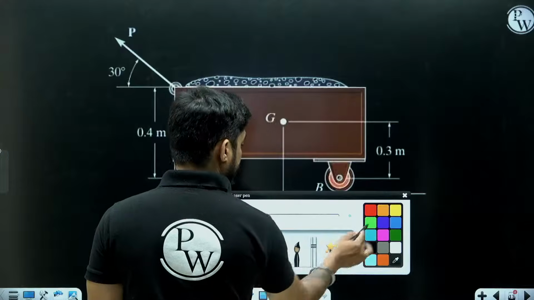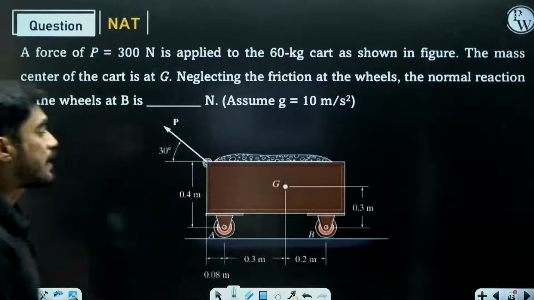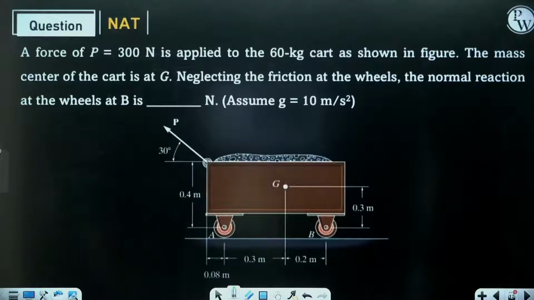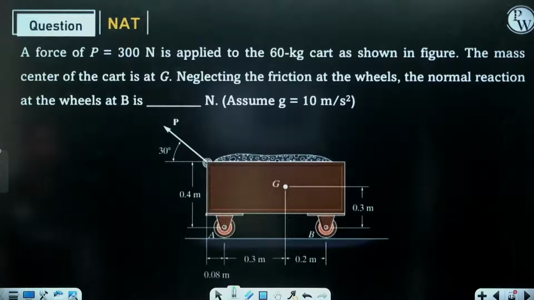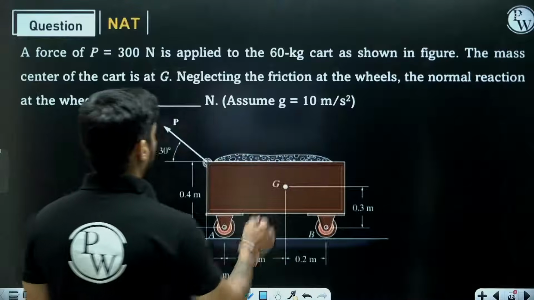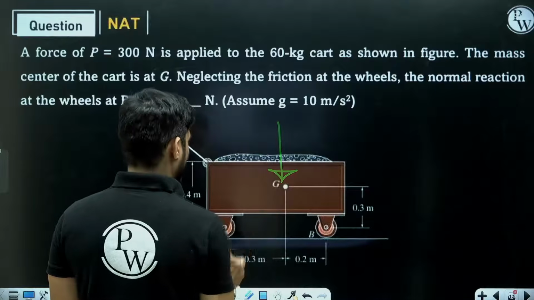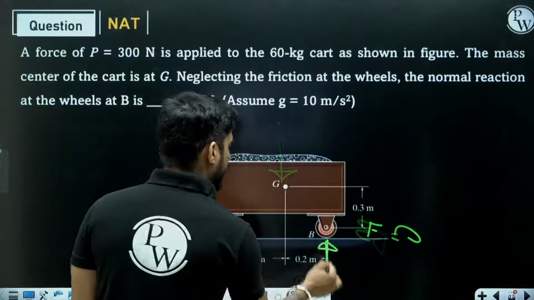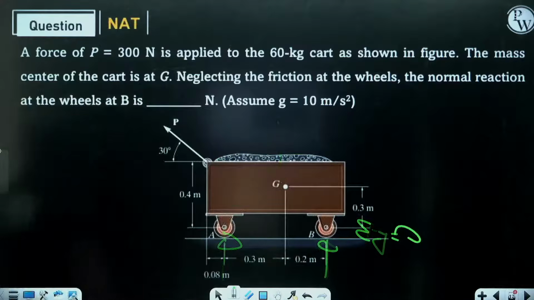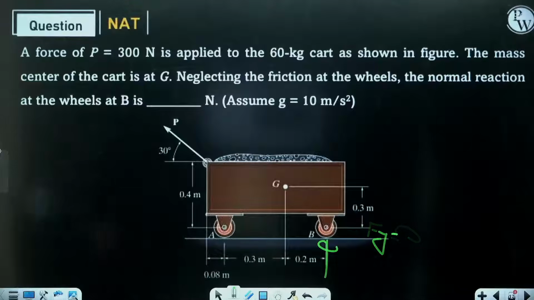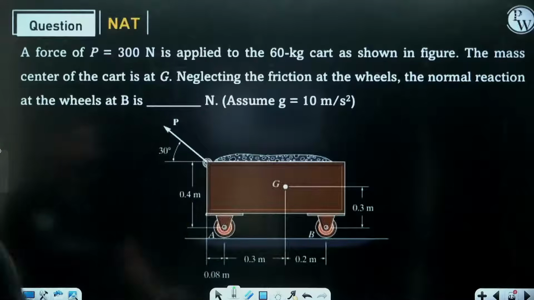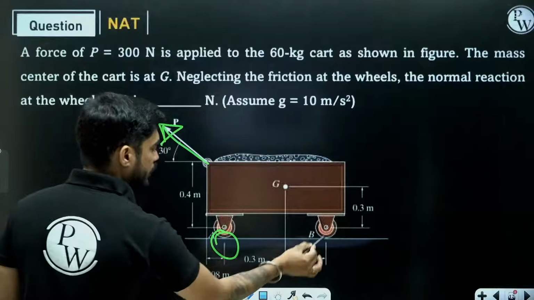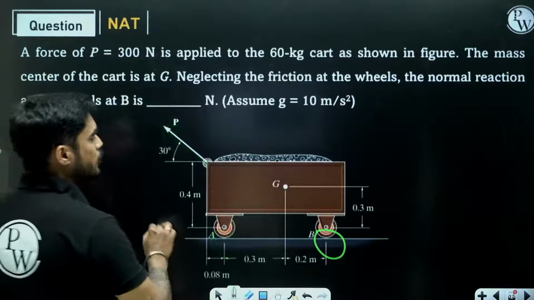First of all, by looking at the question, you should understand that this is a problem of kinetics, not statics. A lot of people assume this is a problem of statics. How do they solve it? They just consider the forces in the y direction, do summation of Fy equals 0, and try to calculate. See, this is not a problem of statics. Understand why. If you apply a force like this and there is no friction on the wheels, who will stop this cart?